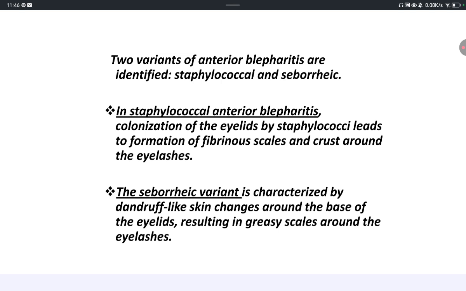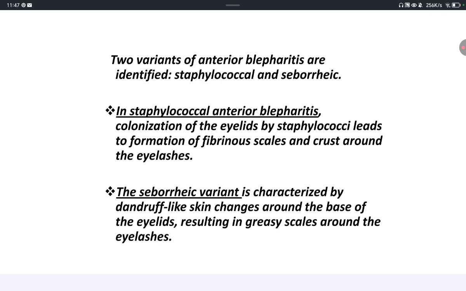In staphylococcal anterior blepharitis, colonization of the eyelids by the staphylococci leads to formation of fibrinous scale and crust around the eyelashes.